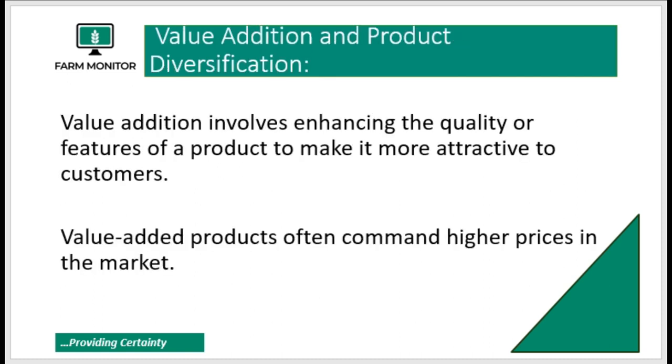Value addition and product diversification. Value addition involves enhancing the quality of features of a product to make it more attractive to customers.